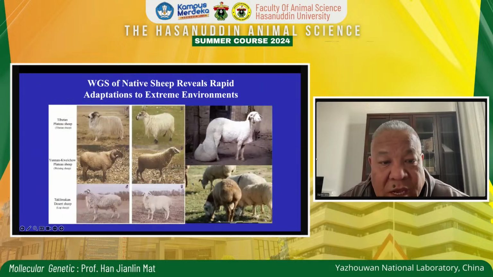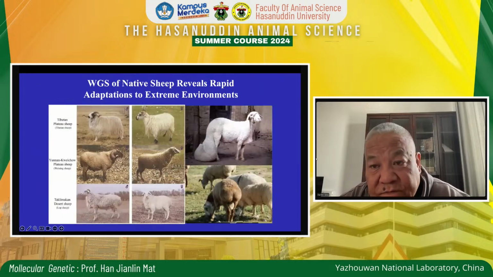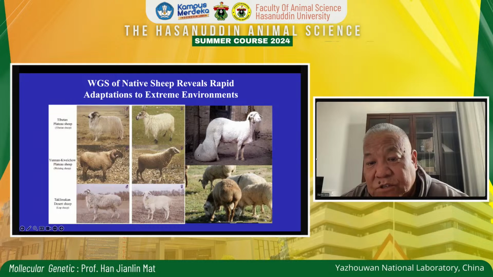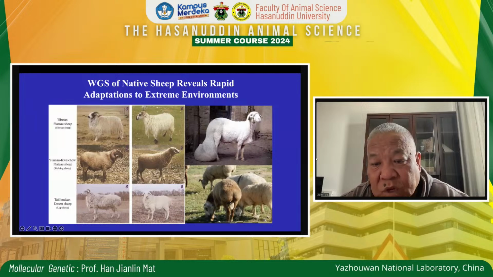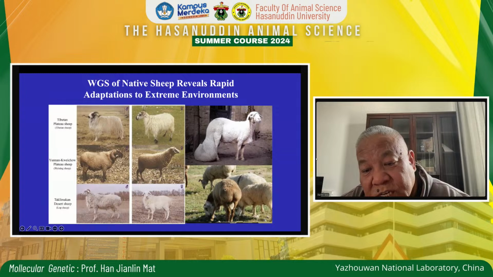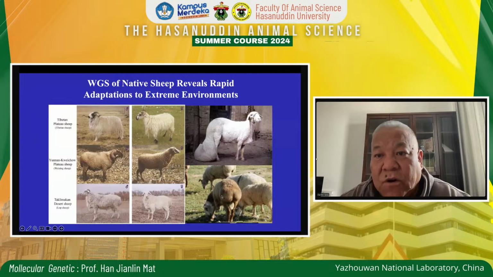The same thing, we have many different sheep breeds across the world. They have totally different morphology. If you look at the tails, they are very different, from a very large fat tail to a very small tail with no fat, or no tail, but the animal has evolved the capacity to store fat around the rump for hard times.